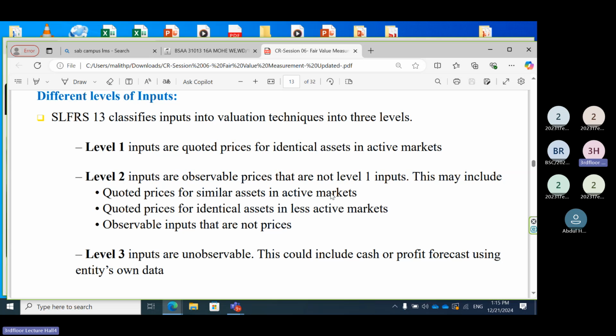If it is so, we can give that level 2 valuation, right? Level 2 valuation. So in a similar way, you need to have the ability to decide this level and the observable inputs as an accountant, as a finance manager. That's the requirement, right? Okay.